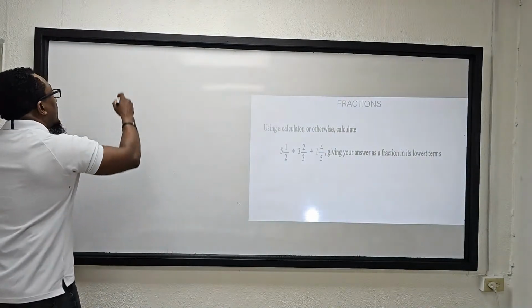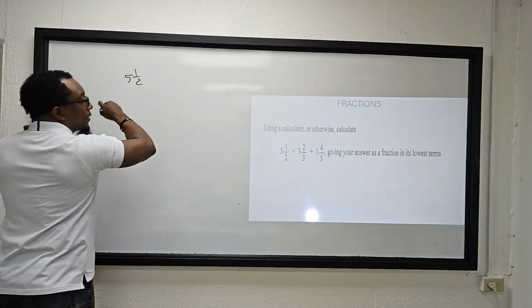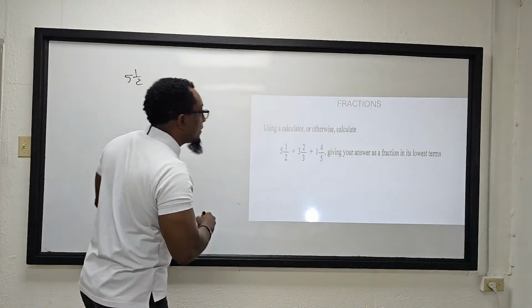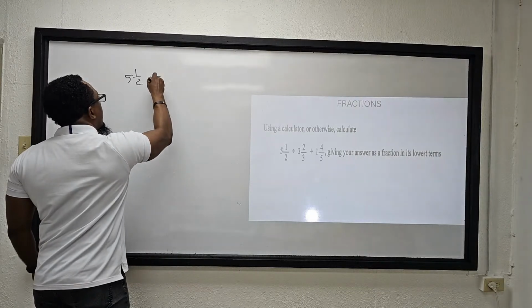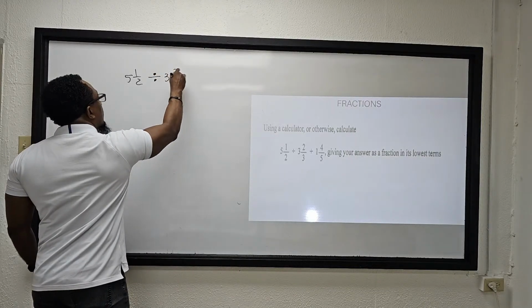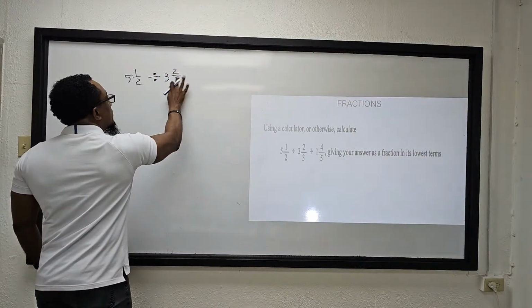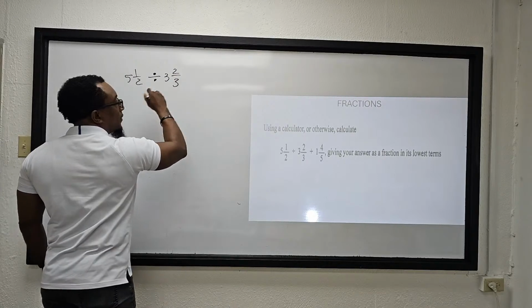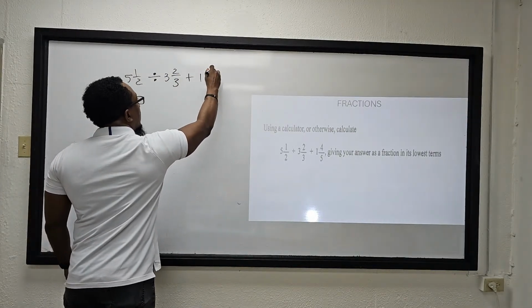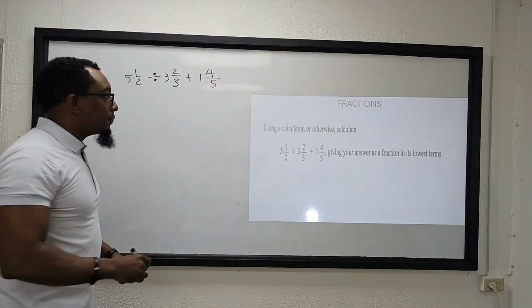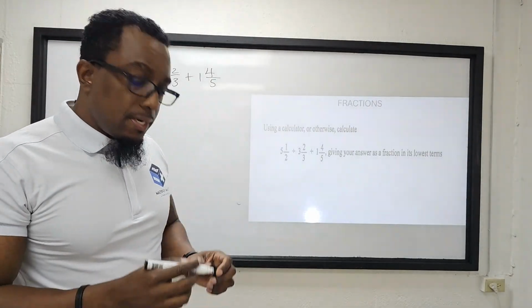So we have 5½ divided by 3 2/3 plus 1 4/5. Give your answer as a fraction in its lowest term.